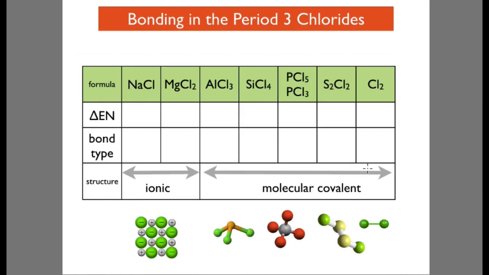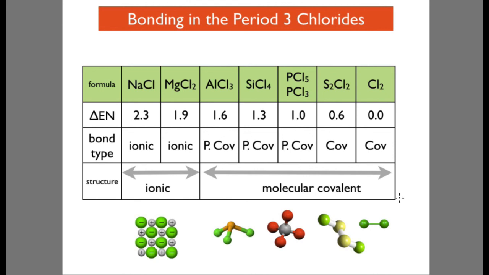Can you try and complete this, please? Press pause and fill it in. Okay, I know that you got it all correct because you are just great. So let's have a look. This time the sodium and magnesium are both ionic, but the aluminium trichloride is considered polar covalent, as is the silicon and the phosphorus chlorides.